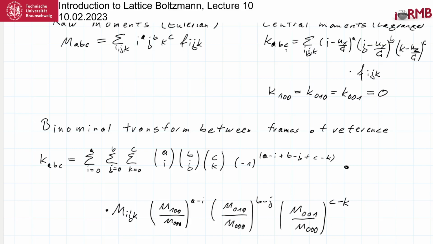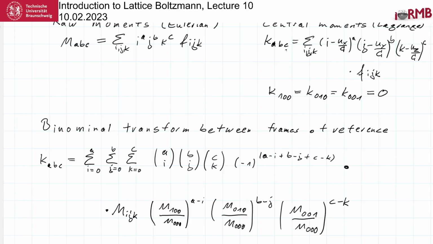By the way, now what is important to see here from this ugly equation is that whatever comes out is a polynomial in the velocities. So you see that the central moments are functions of the raw moments and the polynomial in velocity.